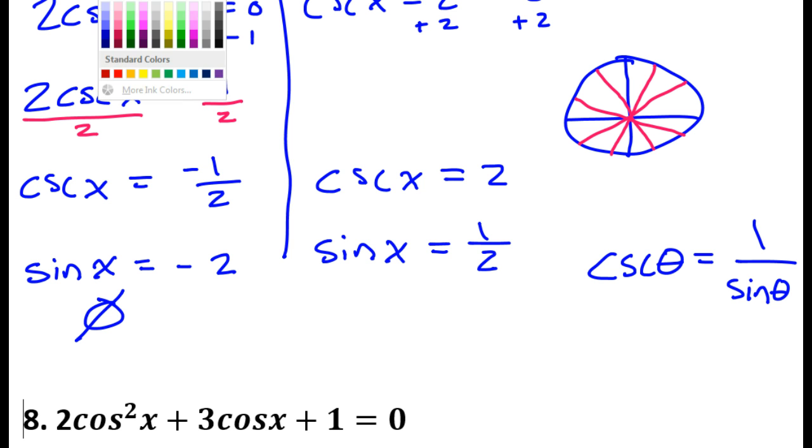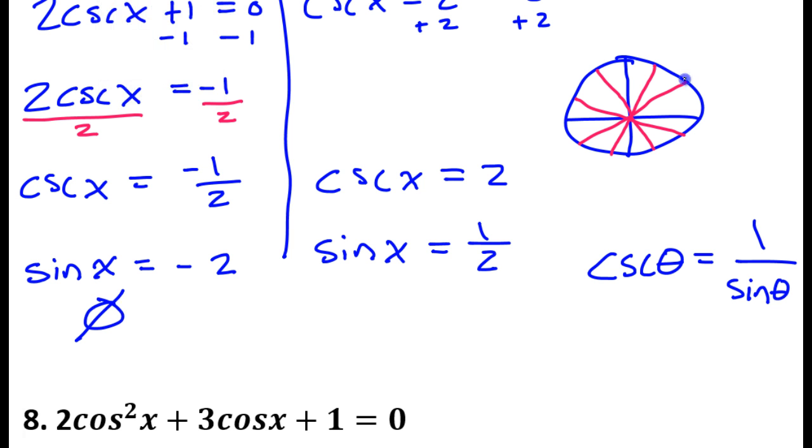Now, we're talking about reference angles though. So these are the 4 angles that will have a reference angle of pi over 6. If I do the sine of any one of these 4 angles, I'm going to get some kind of 1/2. But 2 of them will be positive, 2 of them will be negative.